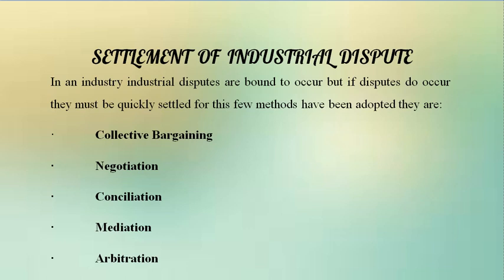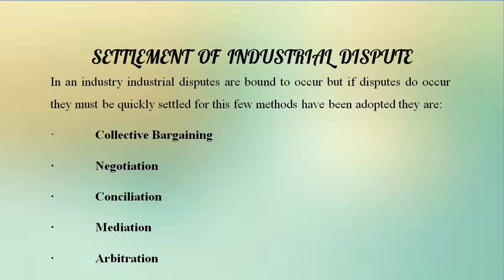So instead of going that far, we try to solve it within the industry. If it is not possible to finish it within the industry, we call a third party. So these are a few of the methods that are adopted to settle an industrial dispute.